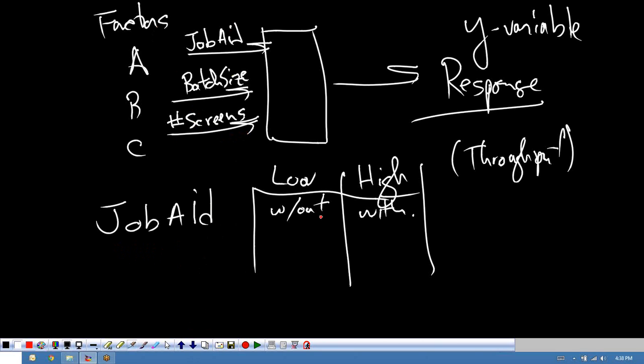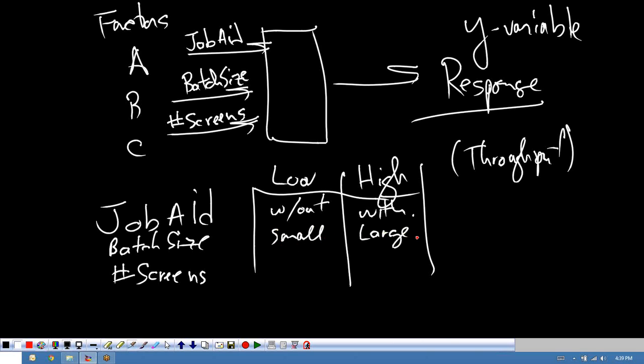Here's how it works. We start out by mapping all of our factors, our A, B, C, our batch size, our number of screens, in the following way. So batch size might be small and large. Okay, number of screens might be 1 versus 2.